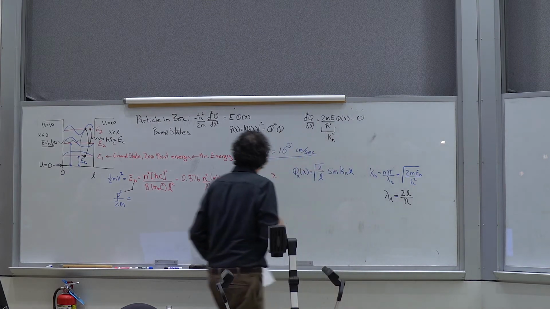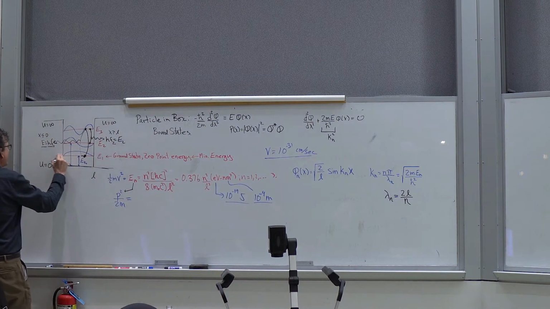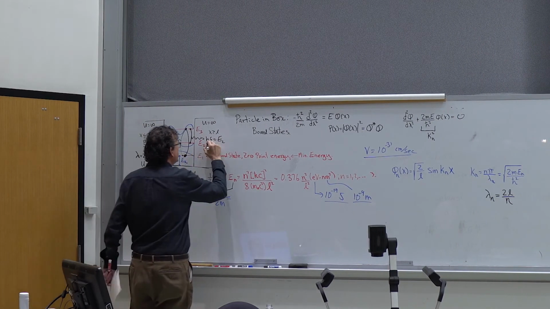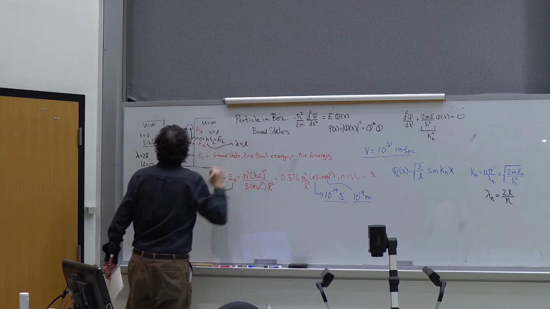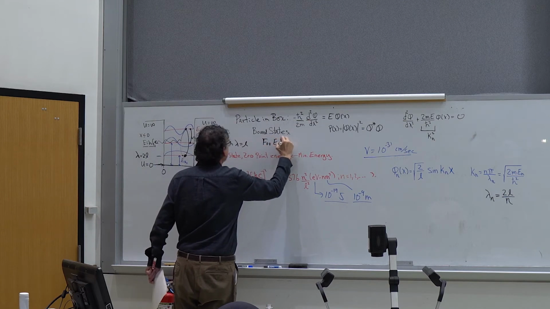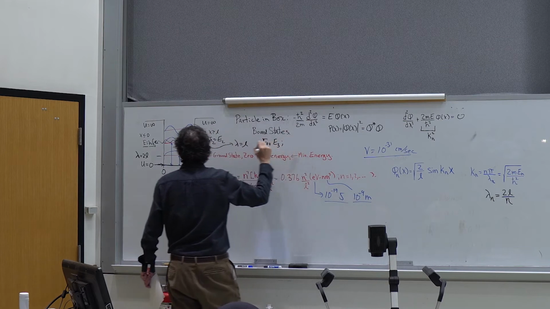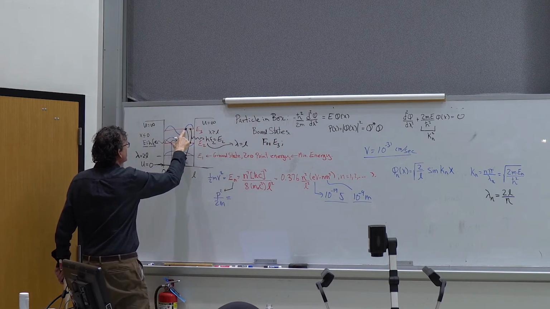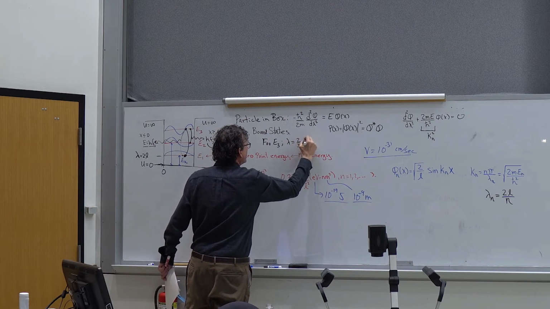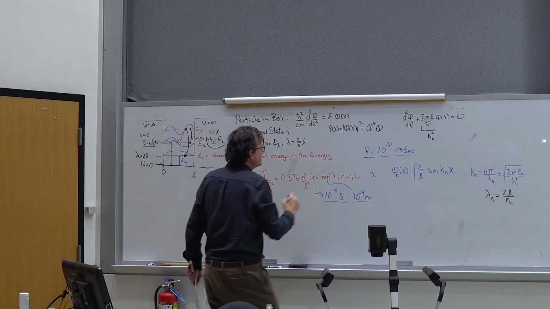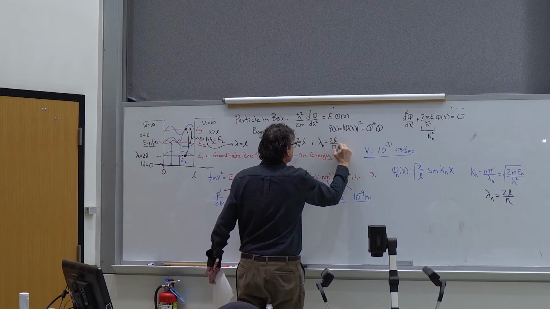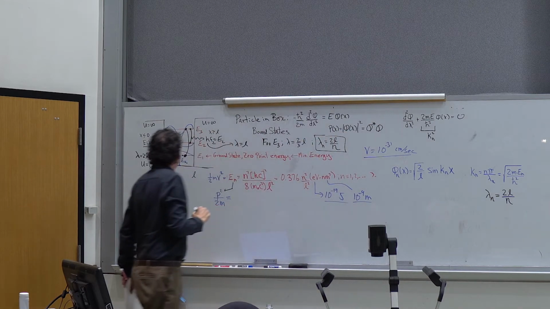So in other words, for the ground energy state, lambda is equal to 2 times L. For the energy E2 state, lambda is equal to L. For the third state, E3, lambda is equal to 2/3 of L. And in general, lambda for the nth energy level is equal to 2L divided by n. So this is basically found from the boundary conditions.